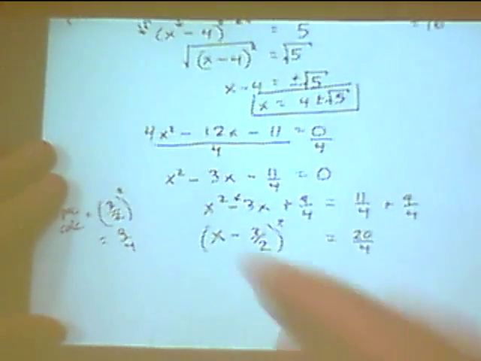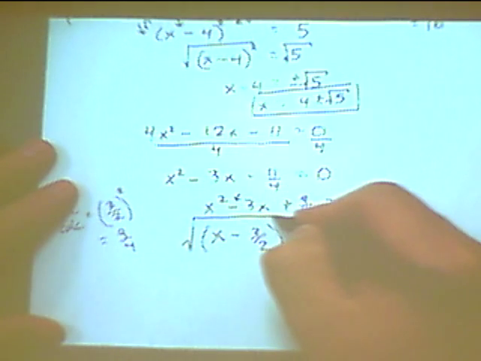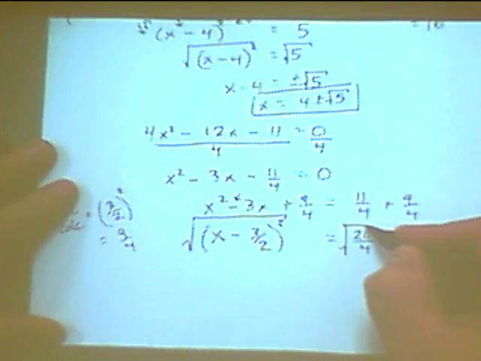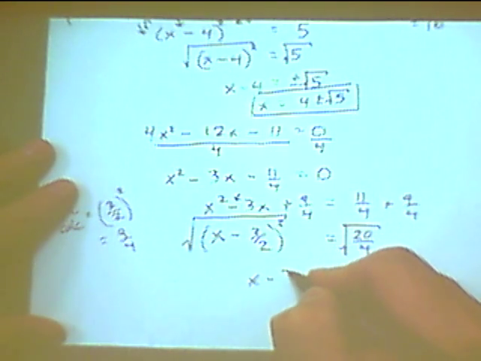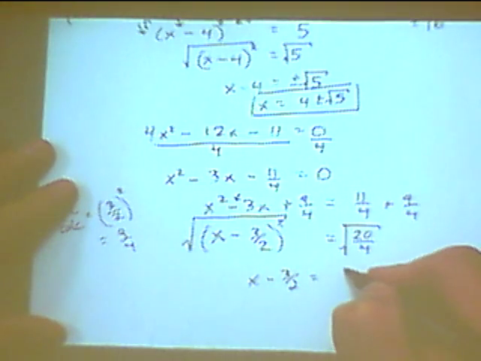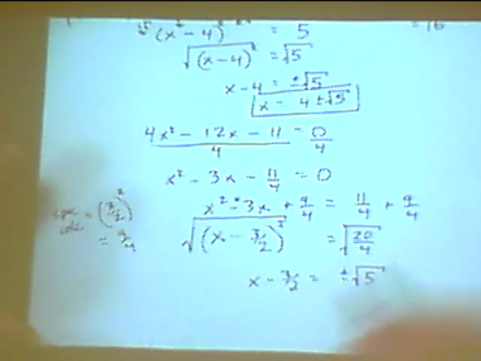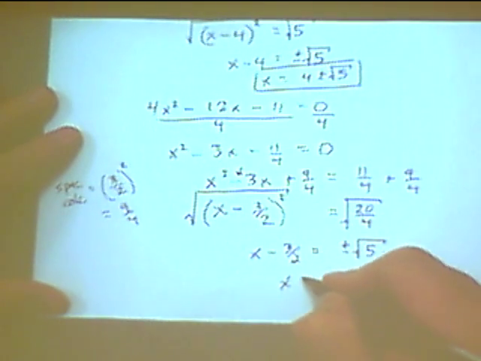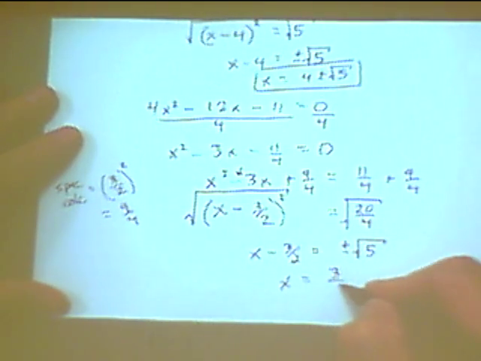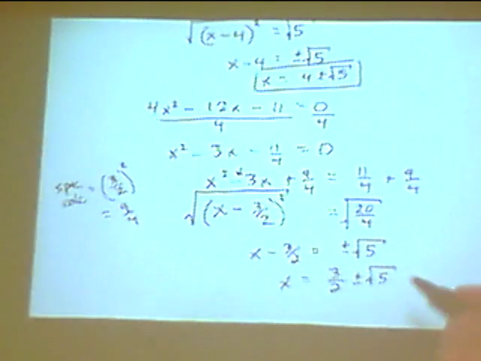Now we can take the square root of both sides. This is actually 5 here. So I have x minus 3/2 equals plus or minus square root of 5. Then add 3/2 to both sides. x equals 3/2 plus or minus square root of 5. And now we have solved that quadratic equation.